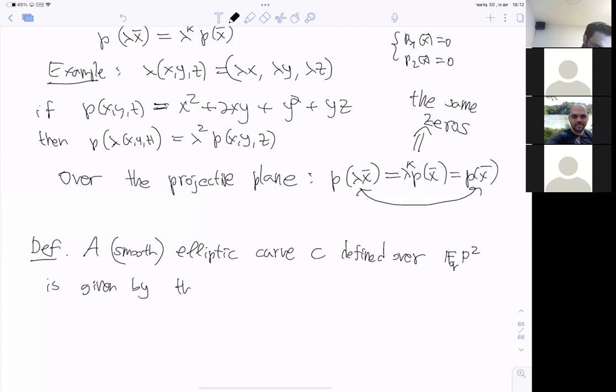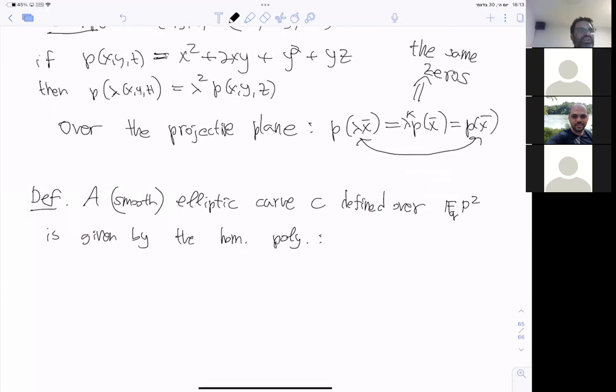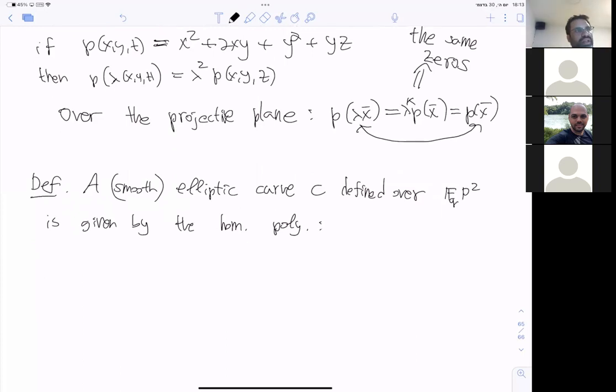by the homogeneous polynomial which is the following one. This is the most general. Usually when we talk about coordinates in a projective plane or projective space, we use capital letters.